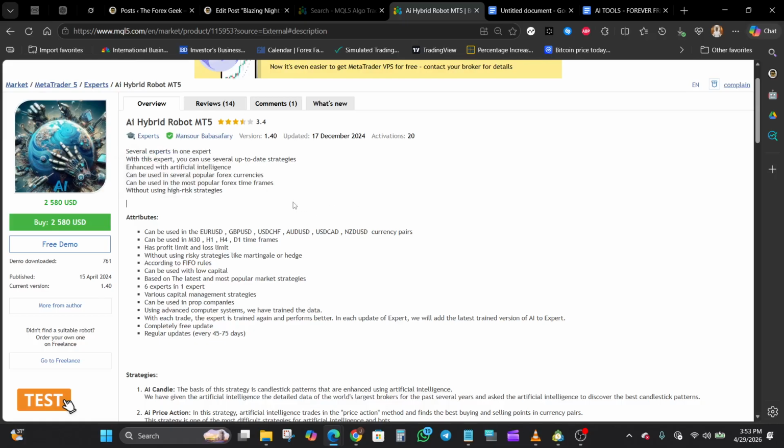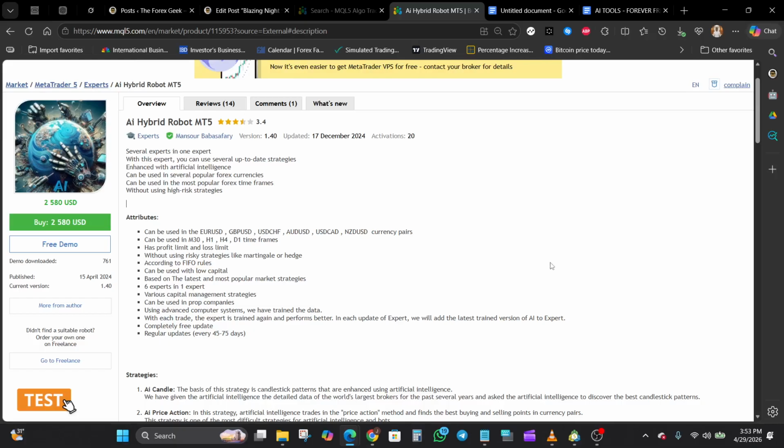Now, from the setup perspective, it supports a wide range of major pairs, including the Euro USD, GBP USD, USD CHF, AUD USD, USD CAD, and NZD USD. And it works across multiple time frames from the M30 all the way up to D1 time frame. That flexibility is interesting because it means the EA isn't locked into one specific market condition. It can adapt depending on how you configure it.